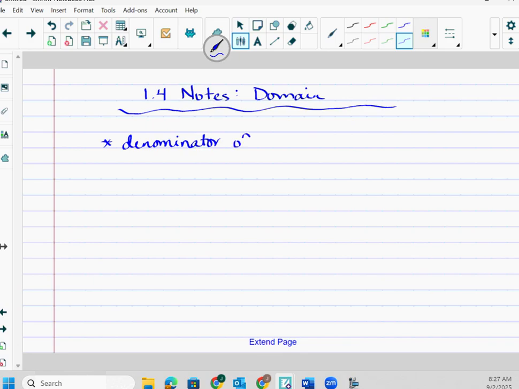Denominator of a fraction. Because what can our denominator never equal? 0. Yeah, we cannot divide by 0. So denominator of a fraction cannot equal 0.